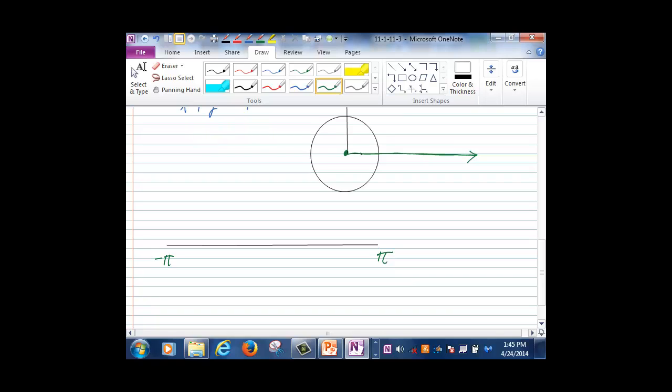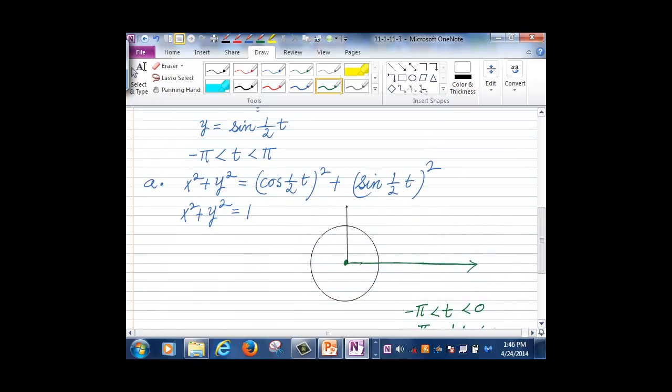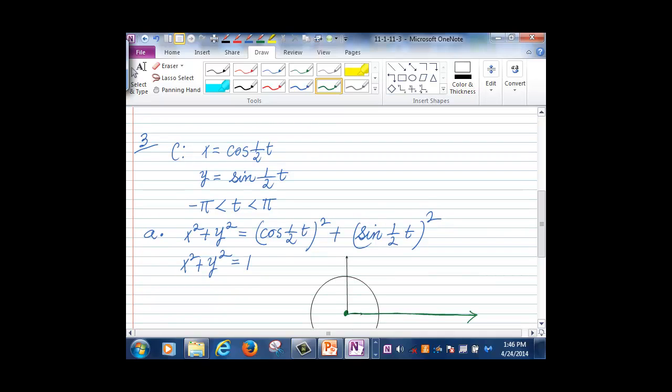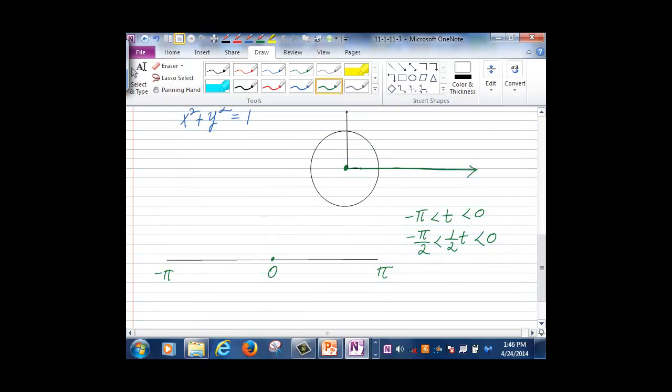So I am going to pick an intermediate point 0 here. First of all, when t is between negative pi and 0, notice that half t is between negative pi over 2 and 0, right? You remember what x and y are? X is cosine of half t, right?